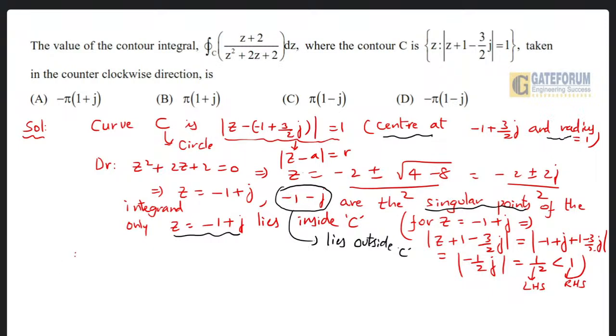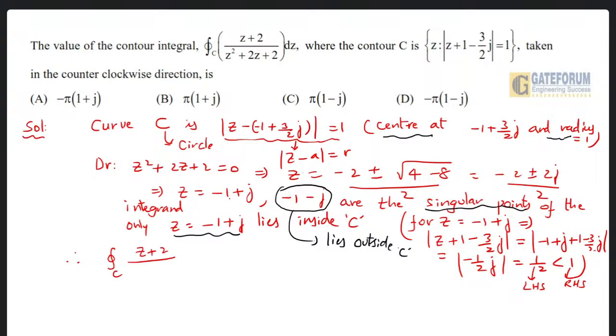Therefore we have to write this integral in the standard form of Cauchy's integral formula, that is f(z)/(z − a). The integral over C of (z + 2), numerator no change, but the denominator is a second degree factor.